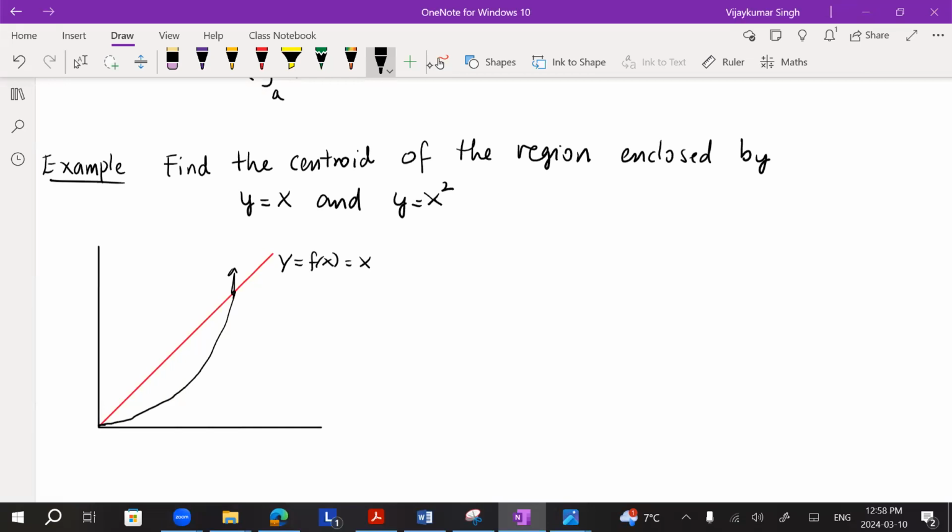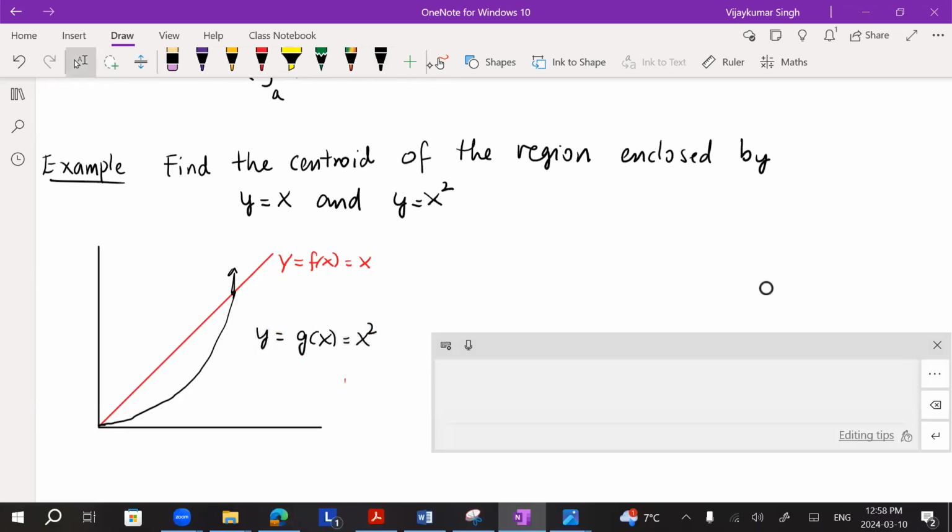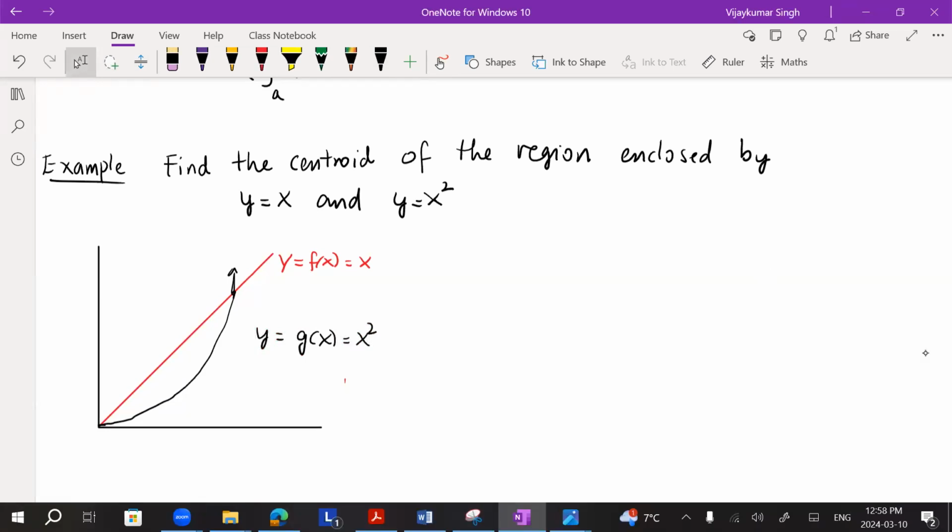And the other one is y equals g of x. Okay, so now let's find out the area first.